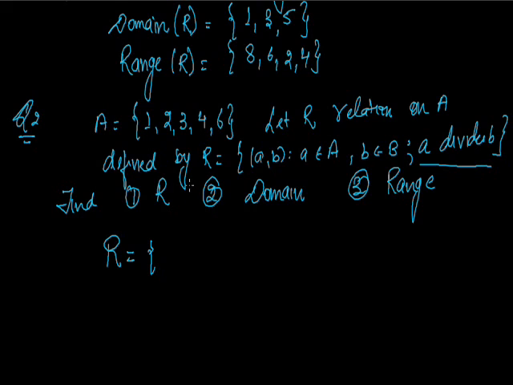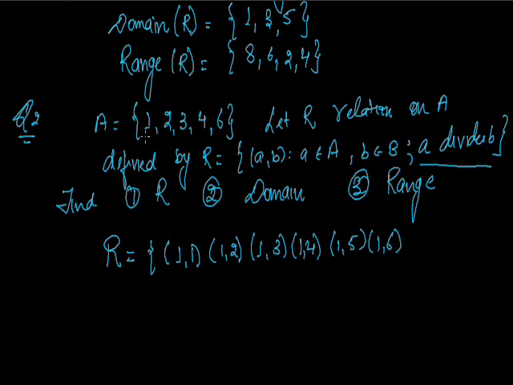If we take element 1, then 1 divides 1. A divides B, that means 1 divides 1. Second, 1 divides 2, 1 divides 3 also, 1 divides 4 also, 1 divides 5 also, and 1 divides 6 also.